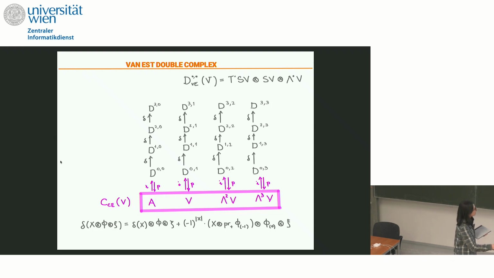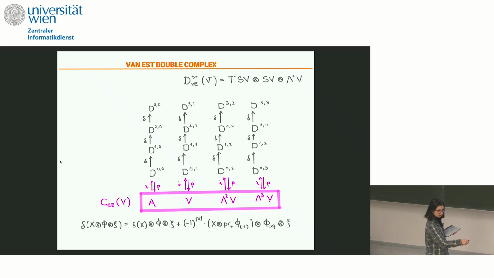Or I simply, again, use the usual trick to move legs around. So I take, let's say, the shuffle coproduct, and then I take the leg from here to the tensor algebra component. And then I sum them together, and again, I get a differential. Okay, so this is my differential.